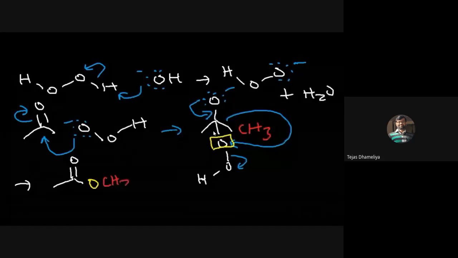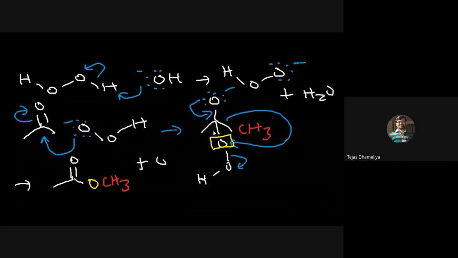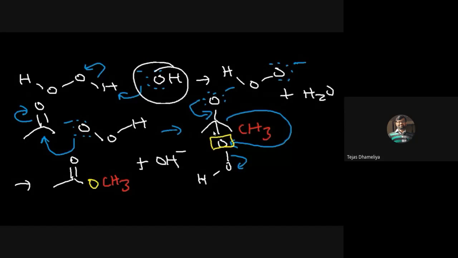And the moment it is transferred from the carbon to oxygen, a rearrangement is possible. And this way we have the ester, and hydroxide anion will be regenerated. So this is the reaction mechanism for the Baeyer-Villiger reaction.